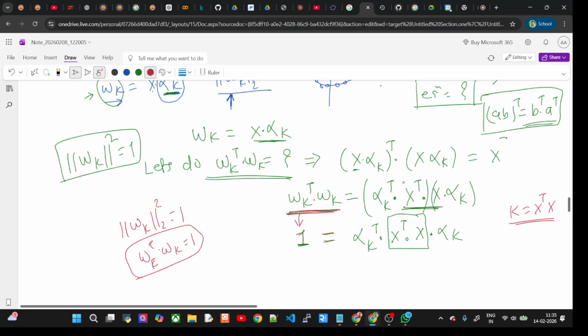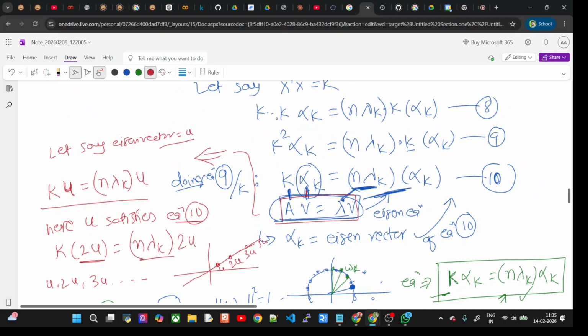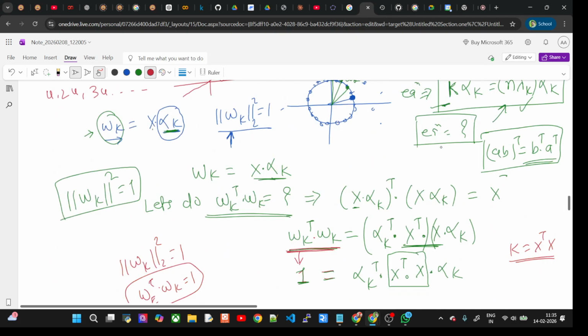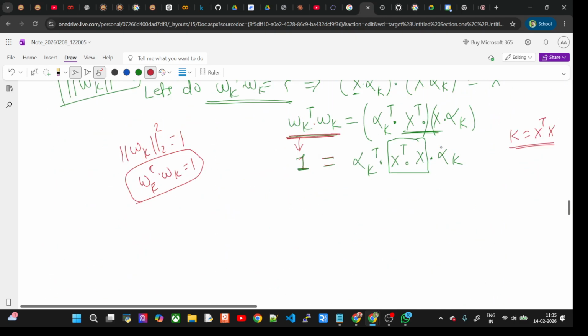We just mention it as the k equation. So I am now writing 1 equal to alpha k transpose into k into alpha k. Remember this equation.